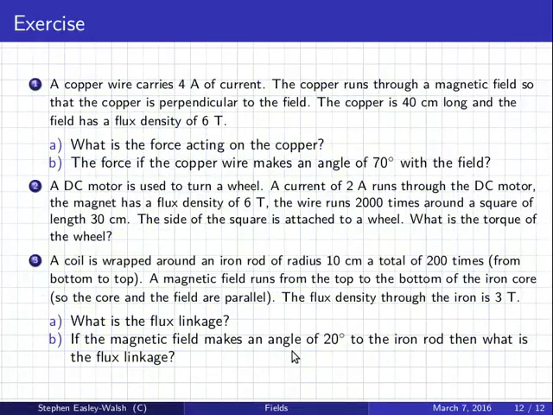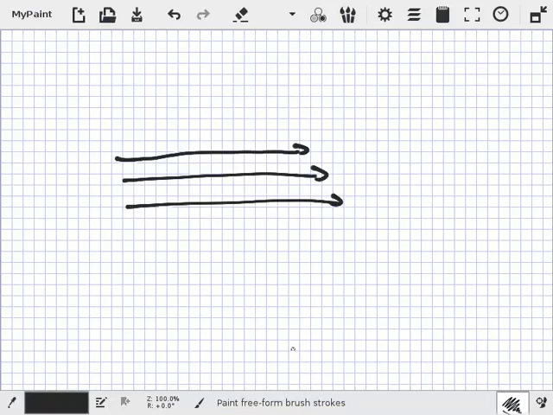With the rod. Anyways, usually the formula is NBA, and what you really care about is, in this case here, the flux cutting it.